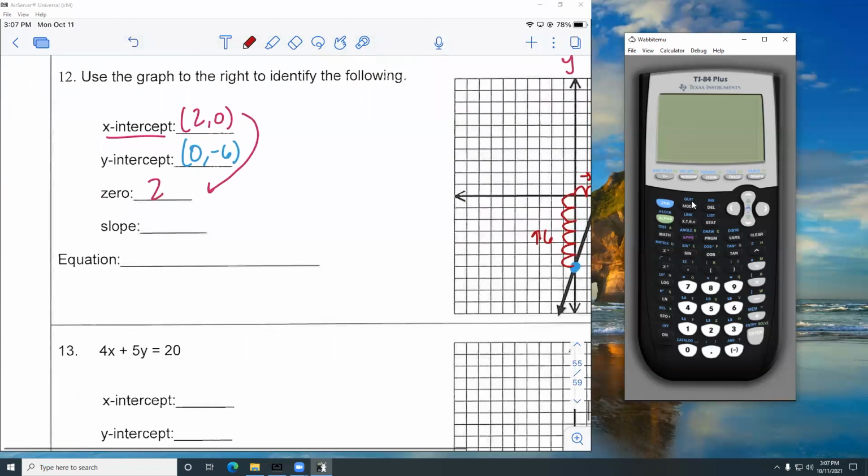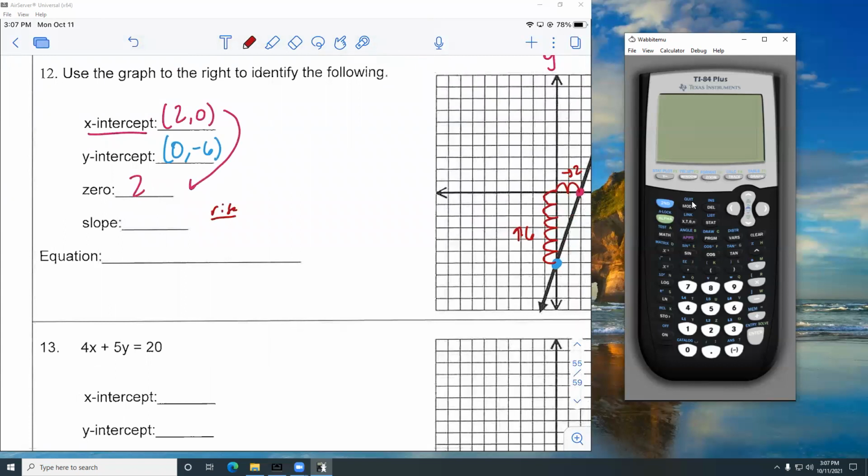So again, remembering slope is rise over run, what I have now is I went up 6 and right 2. So in my calculator, I'm going to do 6 divided by 2.